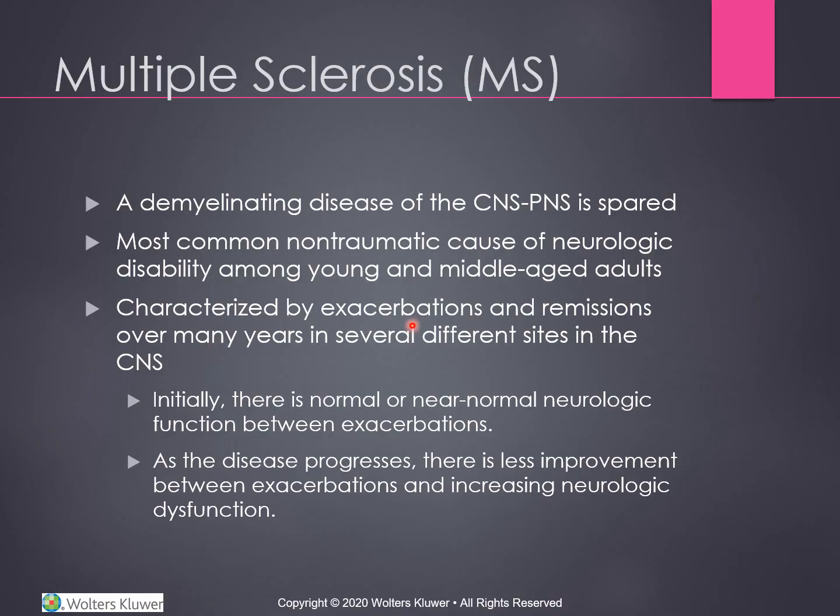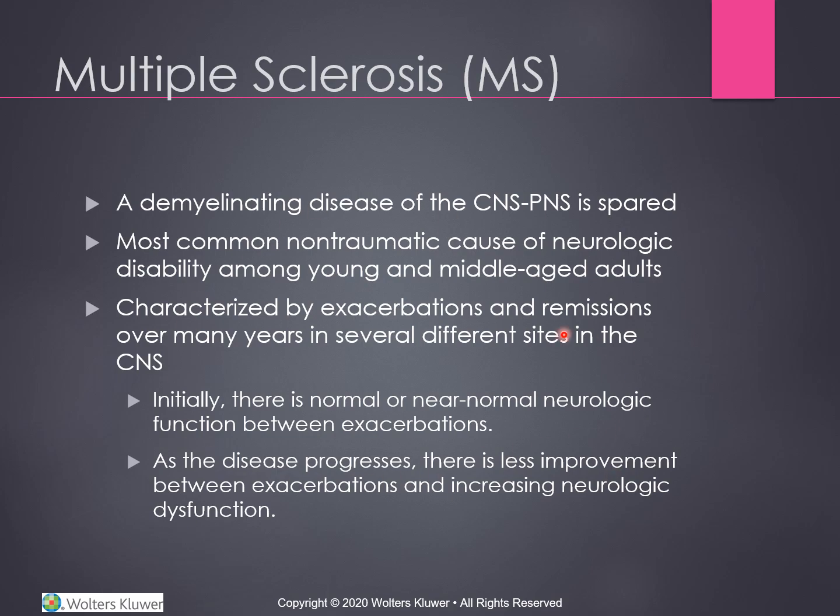MS is the most common non-traumatic cause of neurological disability among young and middle-aged adults. It's characterized by exacerbations and remissions over many years in different sites in the central nervous system. So exacerbations and remissions means sometimes the disease gets worse, and then it goes into remission periods where people have relatively low levels of symptoms.